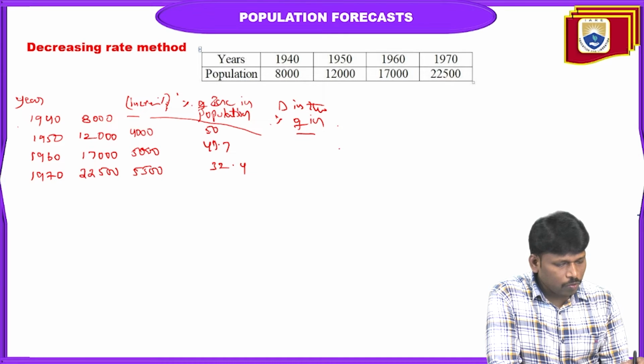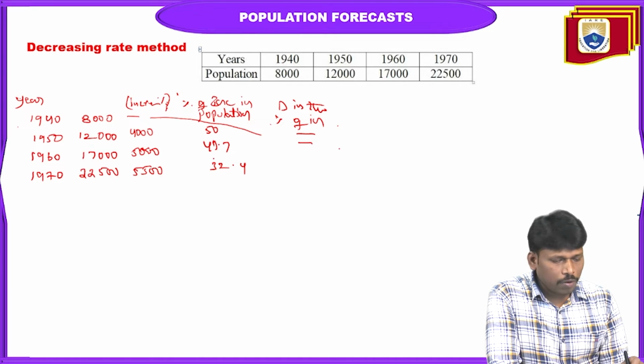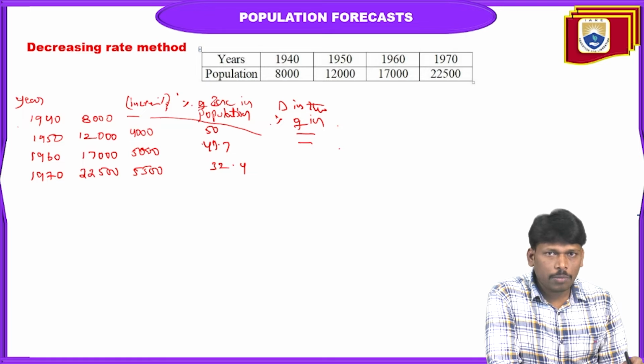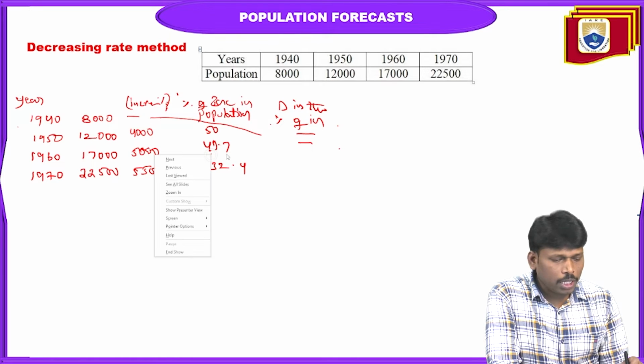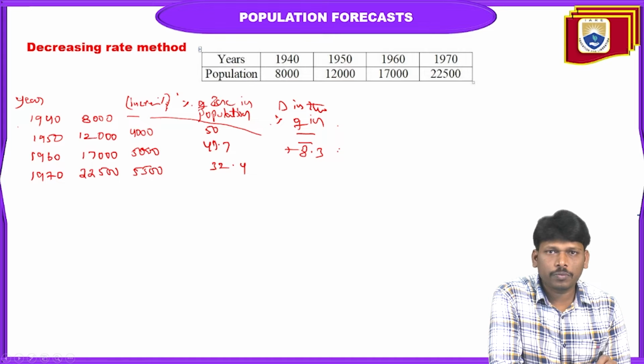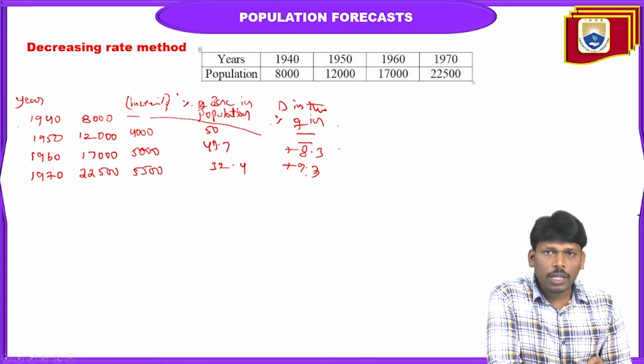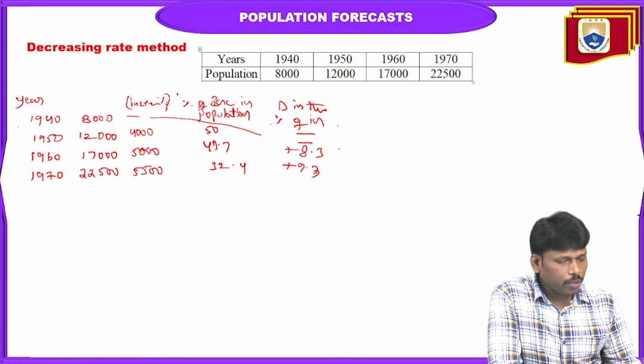For 50 also we don't have any previous value, so we won't get any difference value here. But coming to 1960, our percentage of increment in population is 41.7. There is a previous value for the percentage of increment in population for 1950, it is 50. Then the difference value we get here is 8.3. So positive. Similarly, the difference value here is 9.3.